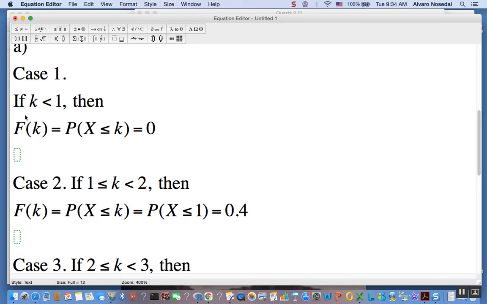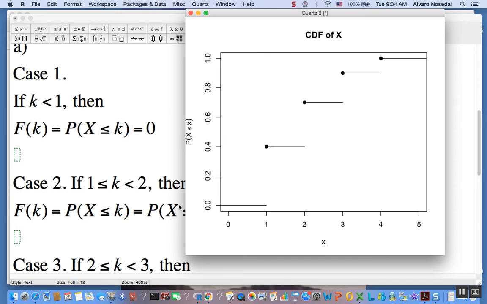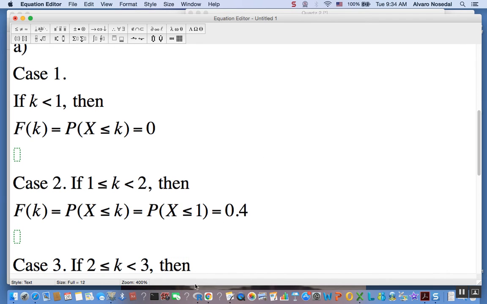Okay, so we have that if k is less than 1, then F at k is 0, right? If k is less than 1, that function is 0. Then between 1 and 2, including 1, we have 0.4, right?